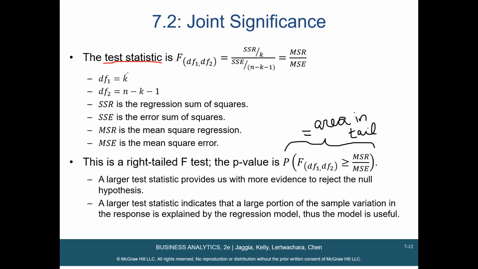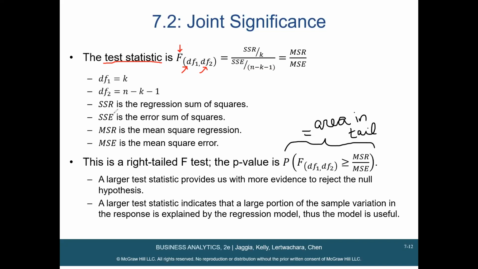This is just FYI, you're not held responsible for all of this, but the k is what's called degrees of freedom 1. So there's something called an F distribution. You've learned about normal distributions and t distributions. There's a whole other type called an F distribution, and it requires 2 degrees of freedom values to identify it, and they're given by either k or n minus k minus 1.